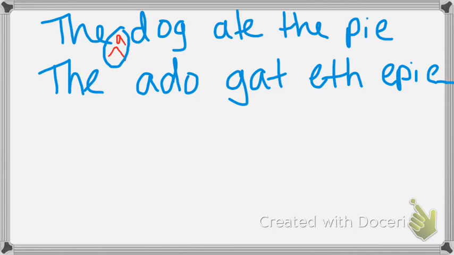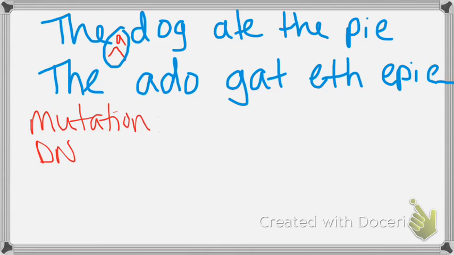Okay, so let's look and see what happens when we actually do this to a mutation. So if this occurs in a mutated DNA, our DNA sequence might read, instead of TAC, CAGGAT, we're going to add an extra A before that C. So it's going to say TAC, ACA.